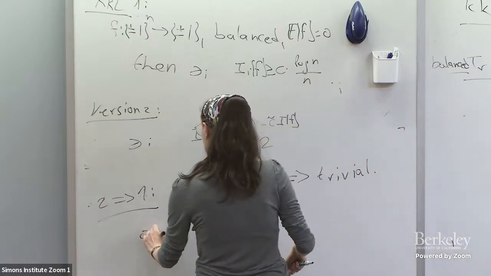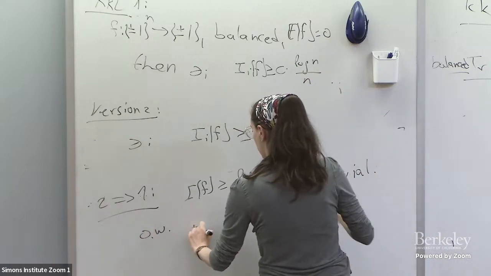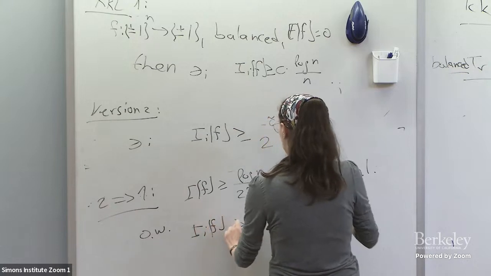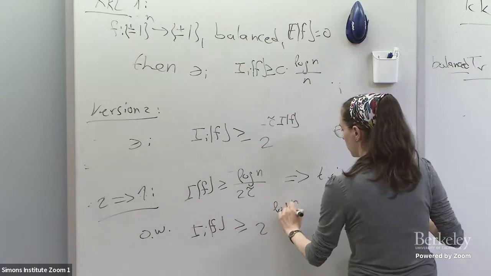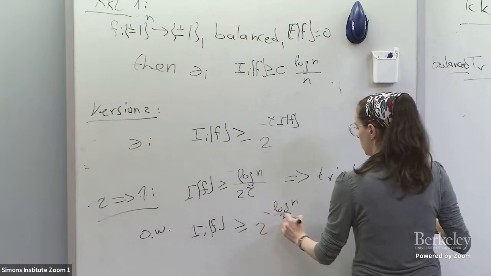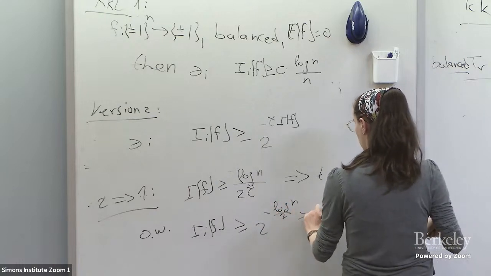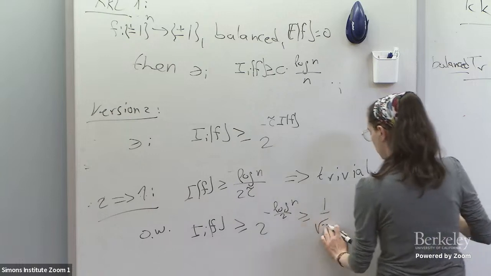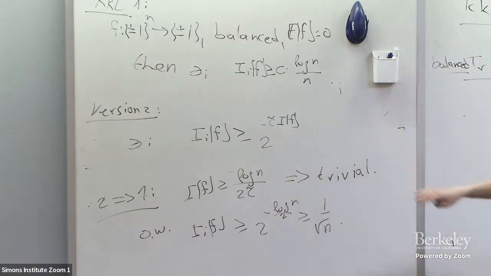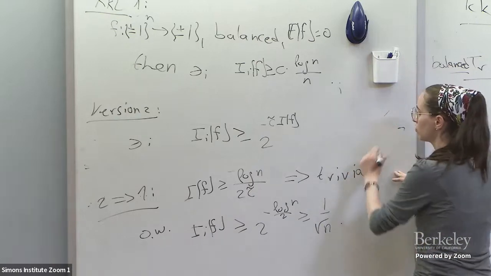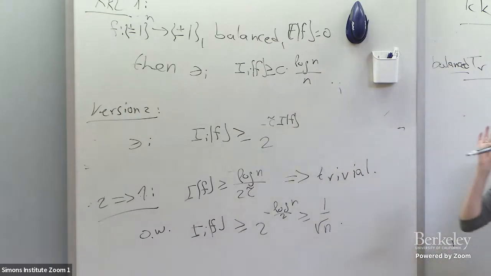And otherwise, using 2, we get at least 2 to the minus log n over 2, which is 1 over square root n, much larger than what we need. So we will prove all of this together. We'll prove the first one, but we need this way.